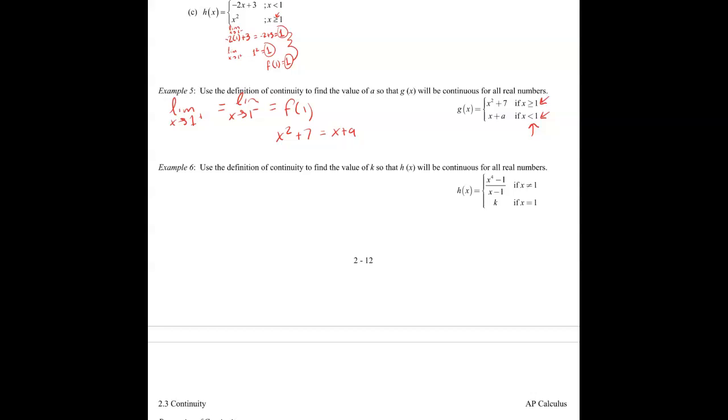So go ahead, plug in 1. So I'd get 1 squared plus 7, because that is my limit as x approaches 1 from the right. Should be equal to 1 plus a, that is an a, not a 9.